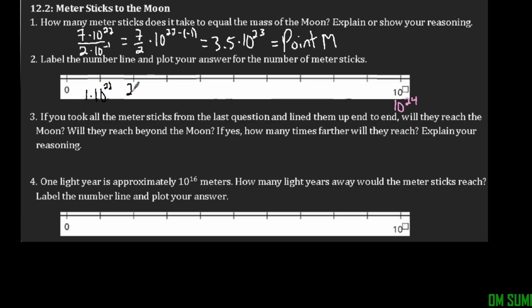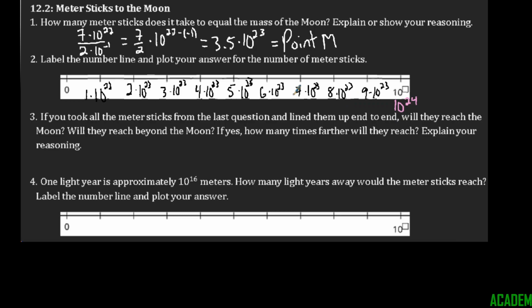When you're labeling these, make sure you're using the appropriate exponent so that it's a logical increment, meaning each of these tick marks goes up one step at a time. We have 5 times 10 to the 23rd, 6 times 10 to the 23rd, 7 times 10 to the 23rd, 8 times 10 to the 23rd, and 9 times 10 to the 23rd.